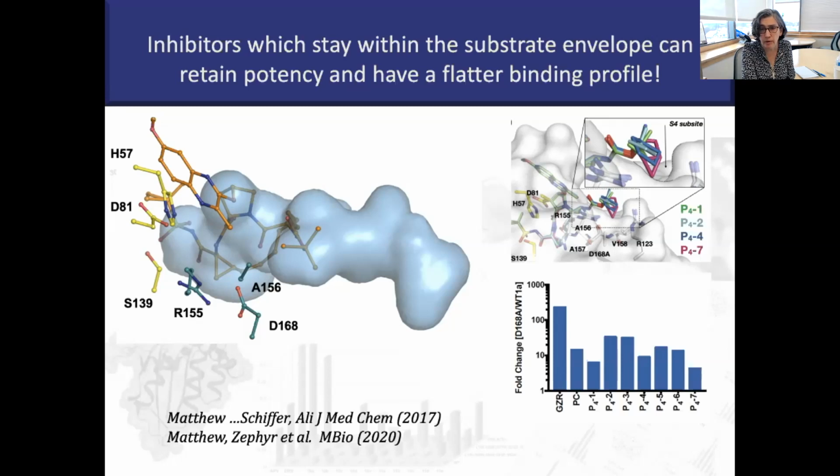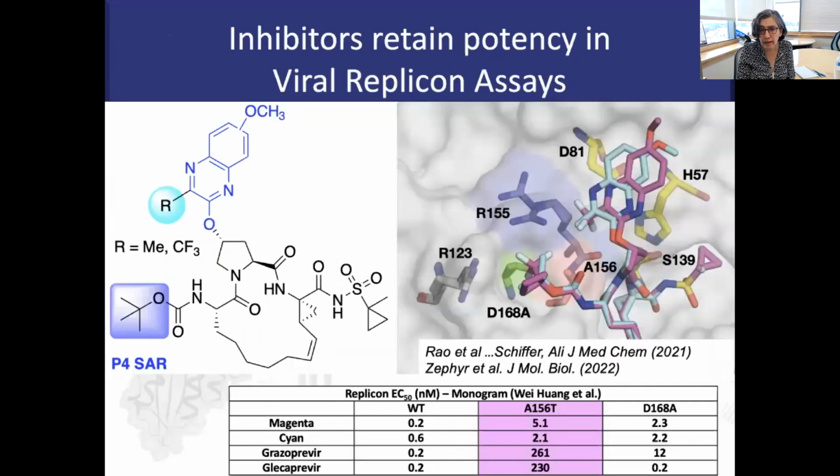envelope and retain potency. And in our next generation of compounds that we just recently published, we were able to add, again, some fluorine atoms that added other potency. And in viral cell culture, we're more potent than some of the drugs that are in the clinic against resistant variants, and have similar potency against the wild type.